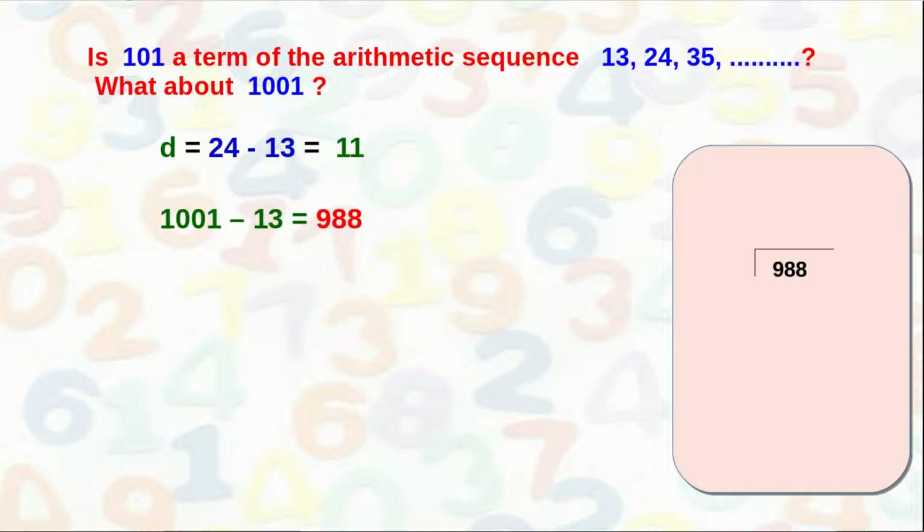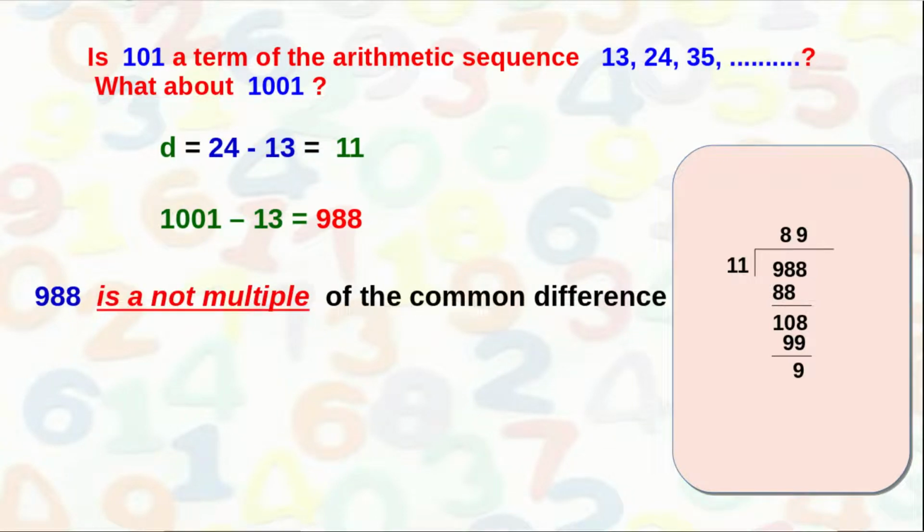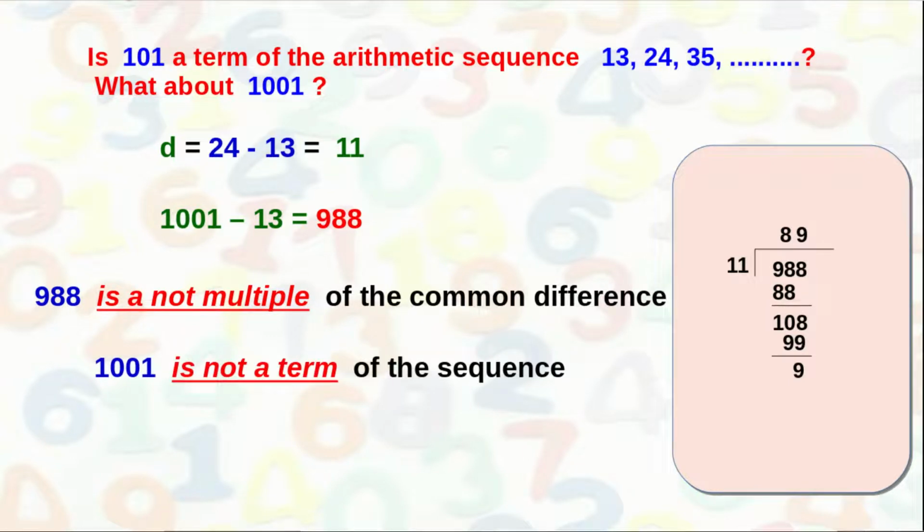Divide 988 by 11. Here we have a non-zero remainder. That means 988 is not a multiple of the common difference. Therefore, 1001 is not a term of this sequence.